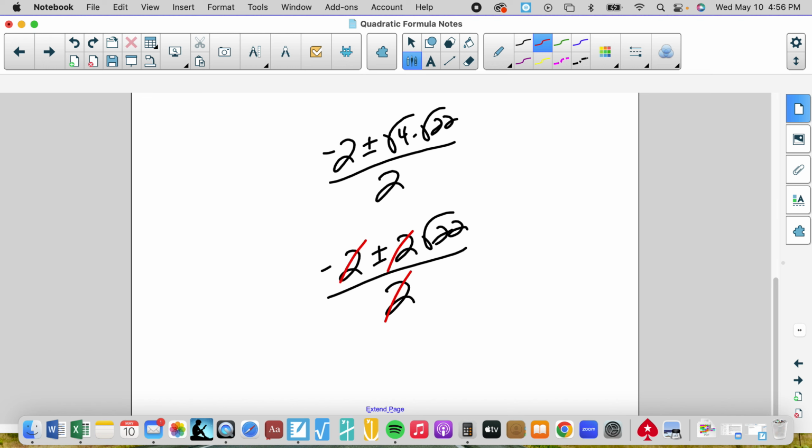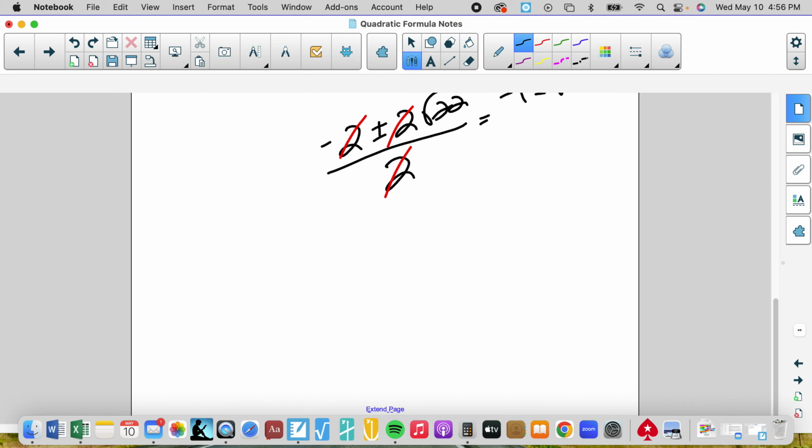As long as I can do it to all 3 pieces, that's okay. But what are you left with? Negative 1. They don't make 0, they make 1s. Plus or minus. And we don't need a 1 in front. We don't need to write 1 rad 22. We can just write rad 22 over 1. And we don't need it over 1. So this is my solution because I can't simplify.